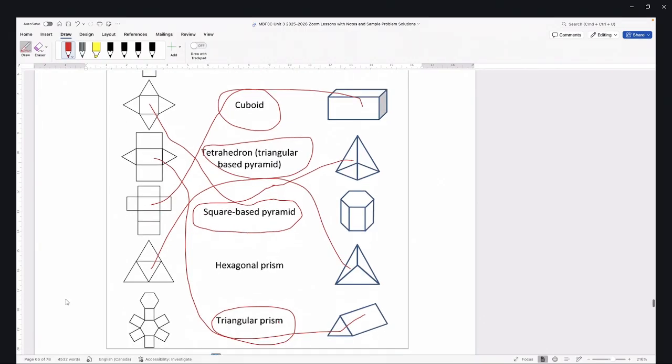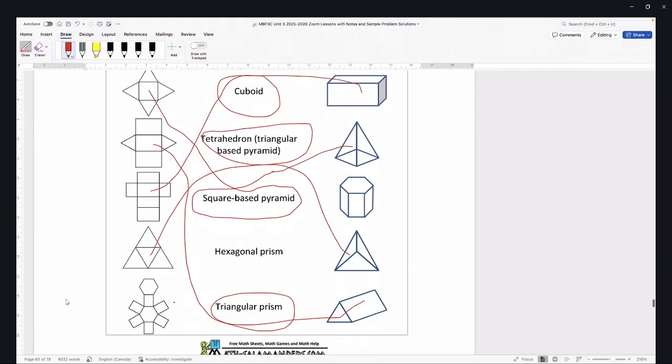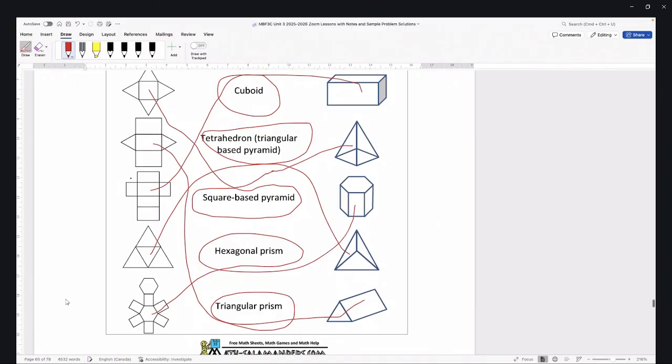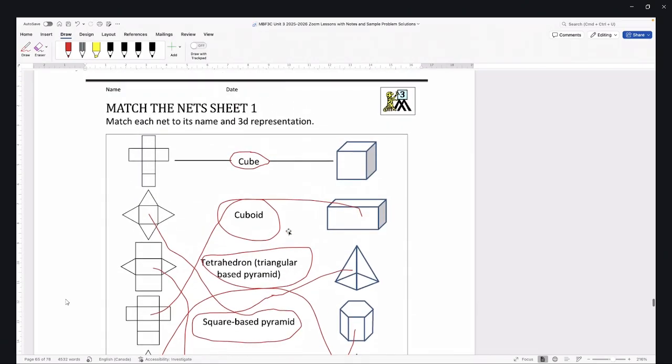And there's only one left, isn't there? So the bases are going to be hexagons, and the top and the bottom are the same size, congruent shapes. So it's a hexagonal prism. So that's what you're expected to do in this particular worksheet.